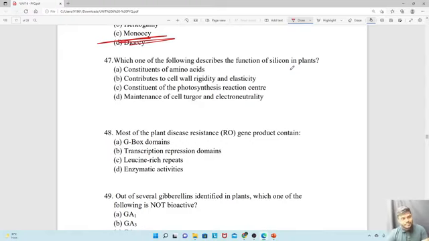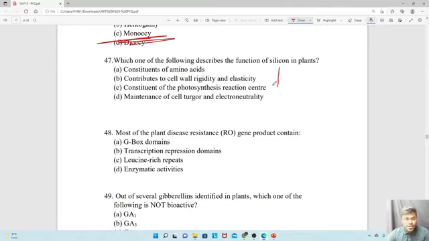Silicon. But we always tend to neglect this. See, friends, I want every one of you to remember one common point.